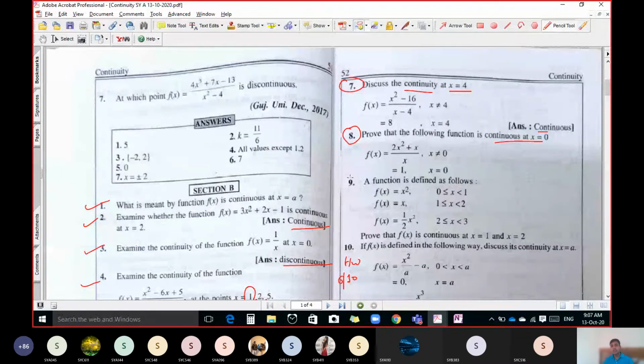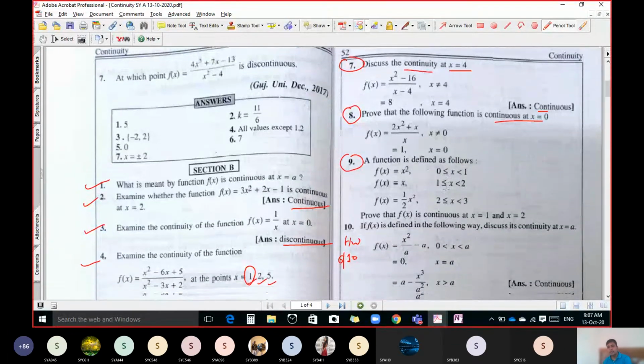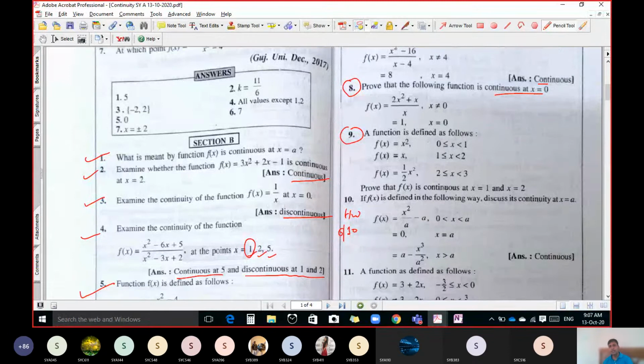Now let us do this question. Question number 9. A function is defined as follows. Now this is slightly tricky. Listen carefully. Let us write down the function first of all. F of x equal to x square when 0 less than or equal to x less than 1.